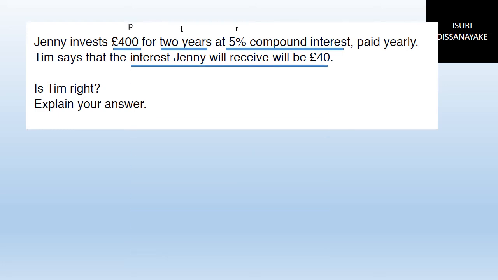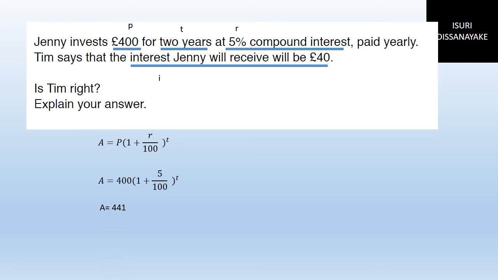Whereas Tim says that the interest Jenny will receive will be £40, that is I. Since this is a compound interest question, we are going to use A equals P (1 plus R over 100) to the power T, and let's substitute the values that we extracted from the sum.